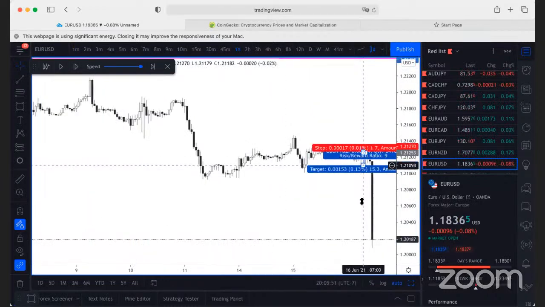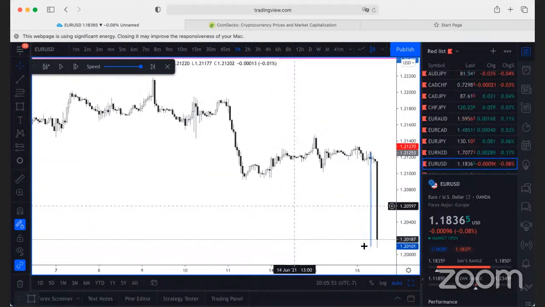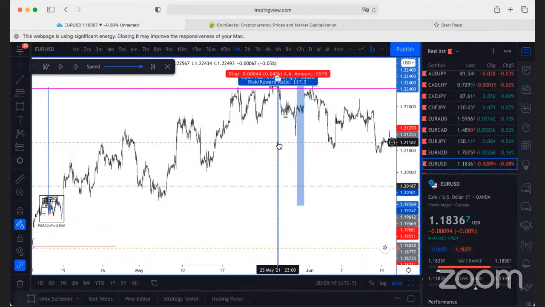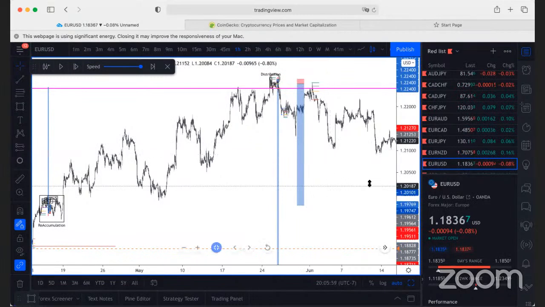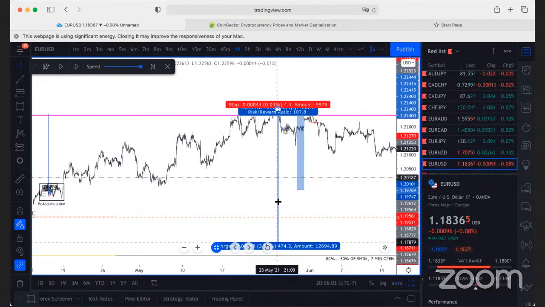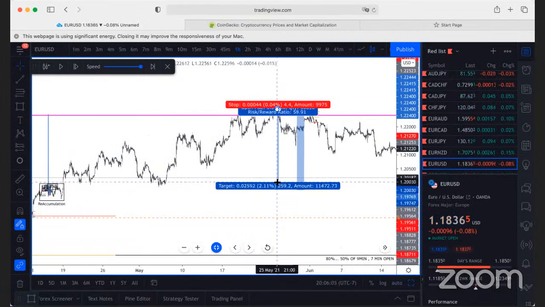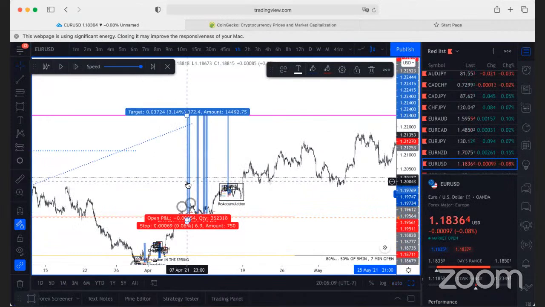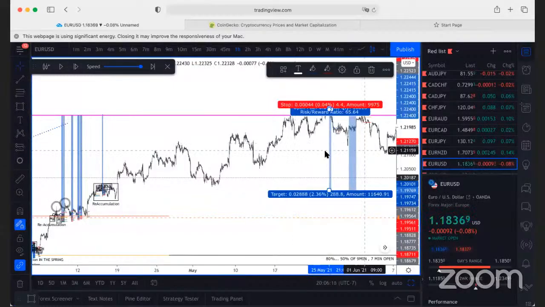Prior to this, we have a 1 to 26, 1 to 117. If we get all the way down here where we actually are, it's only like 1 to 50. And then all over here we had a 1 to 50, probably. So we haven't had above a 1 to 100.